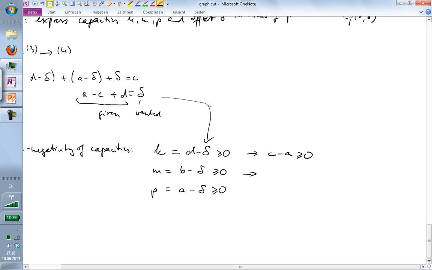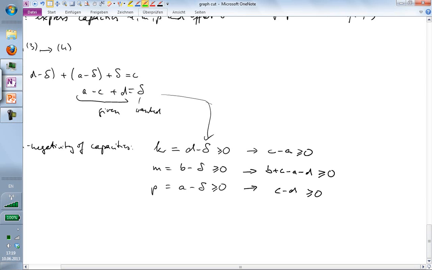Here I obtain that B plus C minus A minus D is non-negative, and here I obtain that C minus D is non-negative.